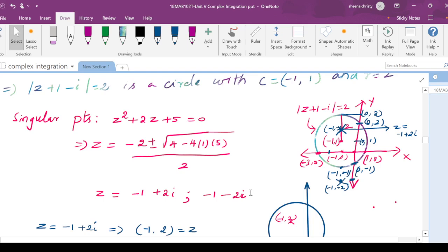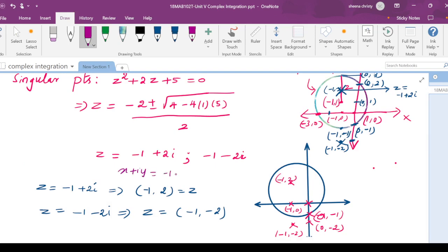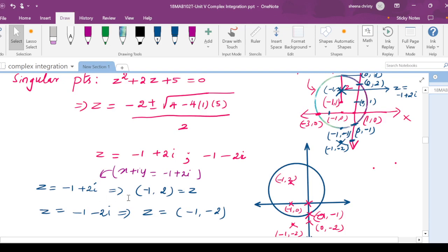We all know what z = -1 + 2i refers to: replacing x + iy = -1 + 2i, you will get the point (-1, 2).